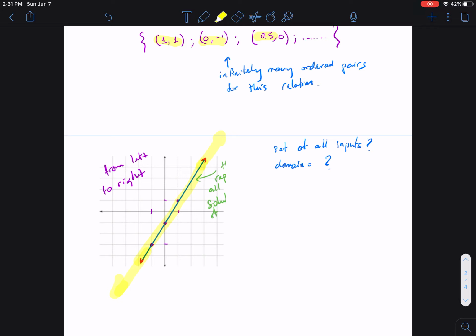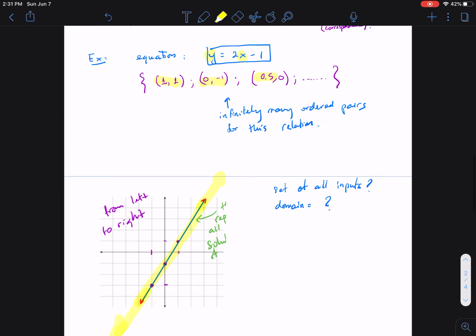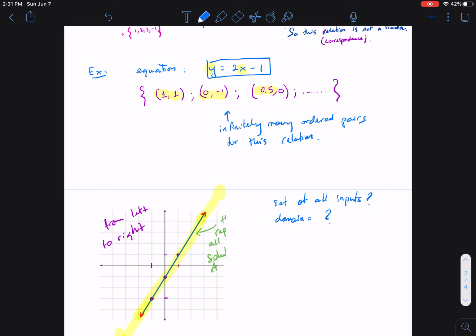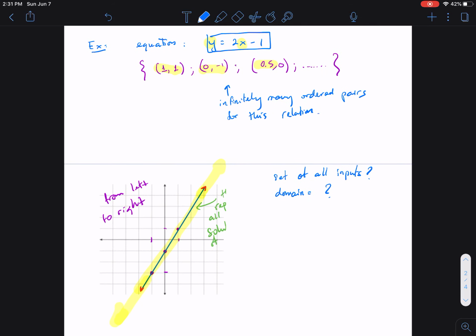So can we really figure out all the possible values of x? The answer is yes. Let's ask this question: is there a value of x that can't be used in this equation? The answer is no. If I pick any x on the horizontal axis, any possible x at all, it will correspond to a y, whether it's a decimal, fraction, or whole number.